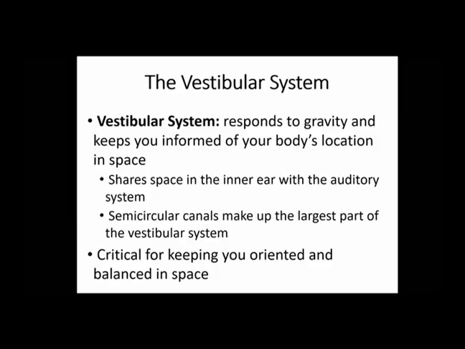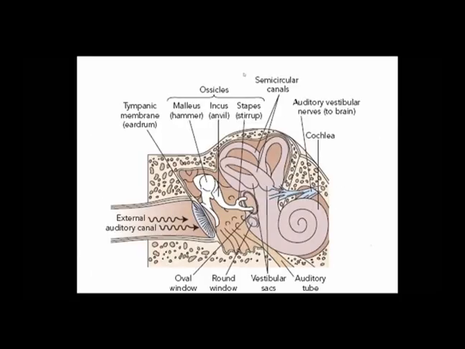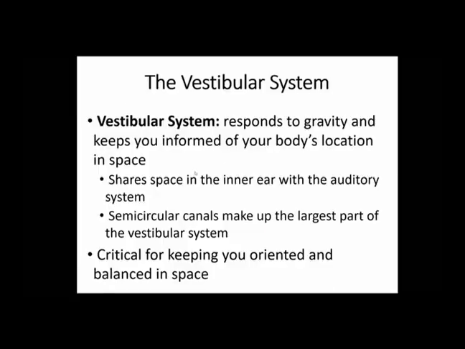Now, this is the part that I referred to back when we were talking about our sense of hearing, where I mentioned that these semicircular canals would come in handy a little bit later on. So that's where we are. So the inner ear of our auditory system, where those semicircular canals are, is most of our vestibular system.